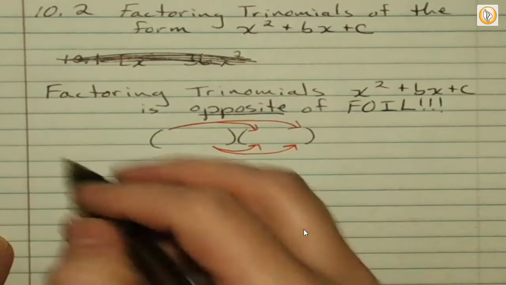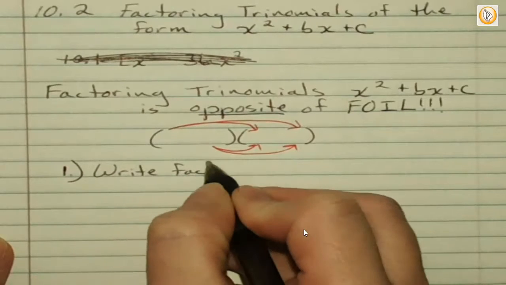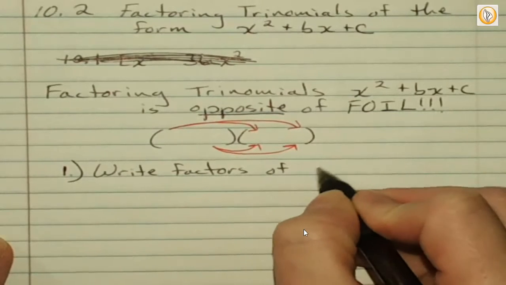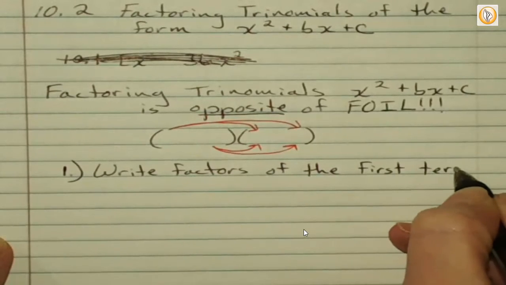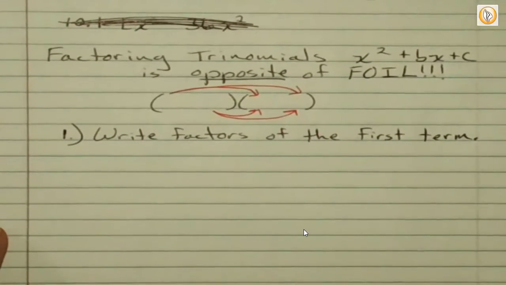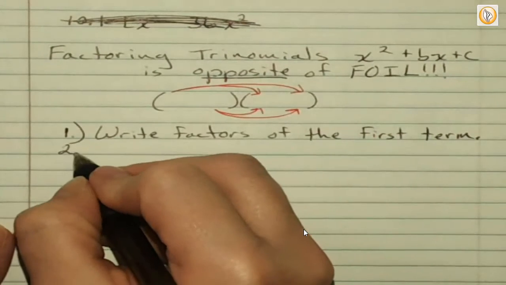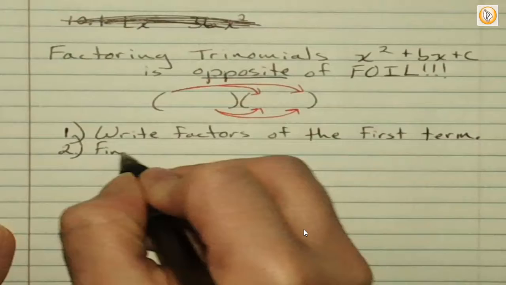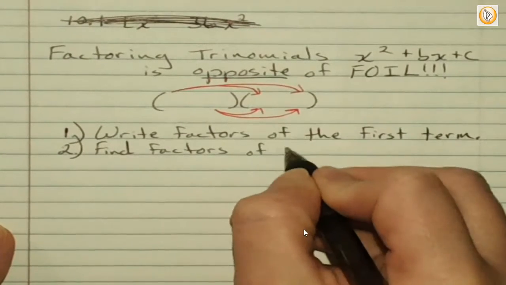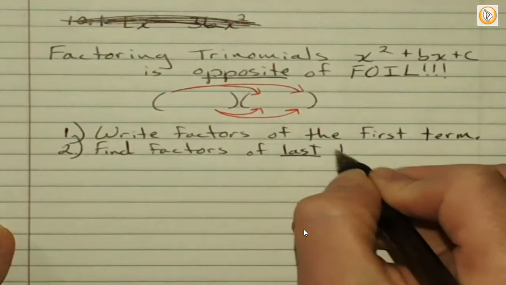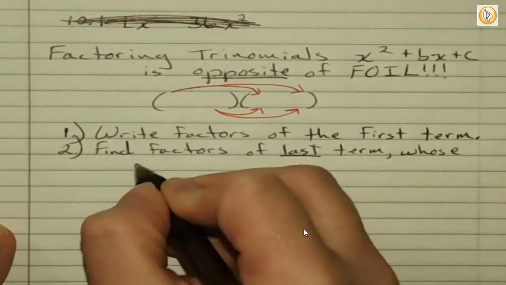Let me show you. Step 1: Write factors of the first term. I'm going to give you lots of examples. Step 2: Find factors of the last term whose sum.